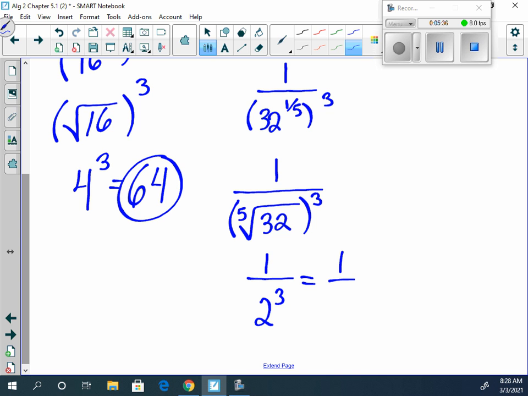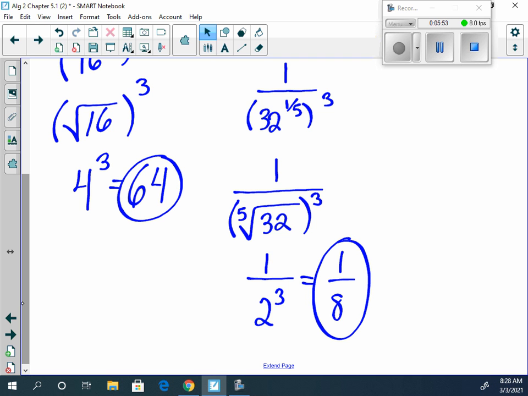That would be 2, because 2 to the 5th would be 32. So we can reduce it like this here. And 2 to the 3rd is 8. So this would give us 1/8. I think that's the same thing you got in the calculator. Yeah, 1/8.